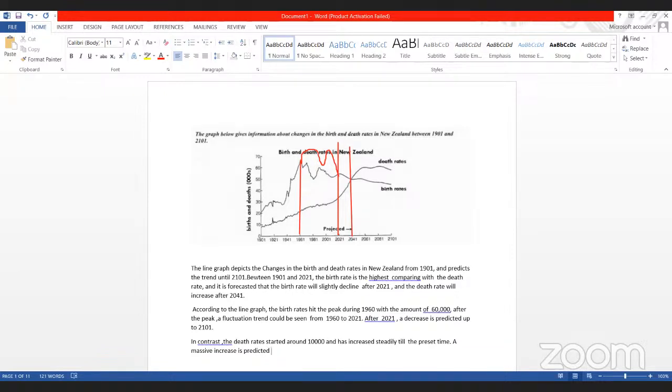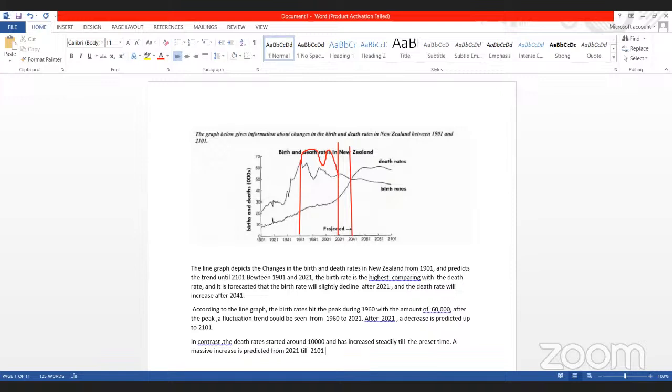A massive increase is predicted from 2021 till 2020, right? So now we have said that a massive increase has been shown, right?